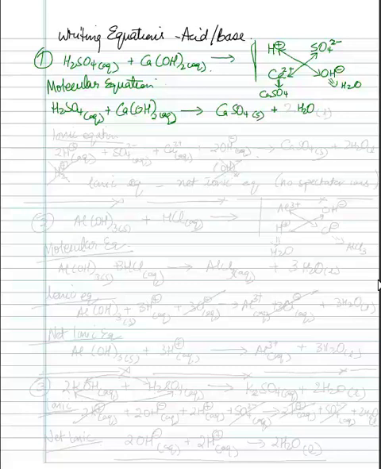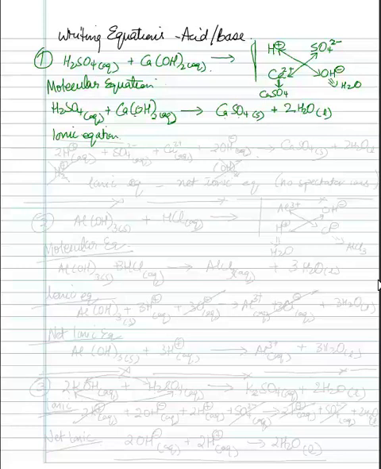So here's our solid, and water of course is a liquid. Remember, it's not aqueous. Then we write our ionic equation. Is our equation balanced? What do you think? Not quite. We have the calcium sulfate, which is fine, but the water is not balanced, so we need to put 2 waters over there.